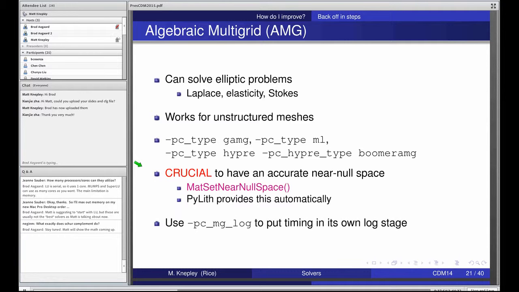Let me give you an example. Suppose you set up a problem where you have two sides on rollers and the bottom and the top are free. Then you can push that thing up and down without changing the energy of the entire system, unless you turn on gravity or something.